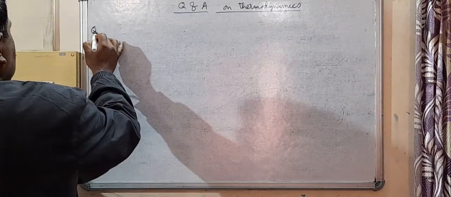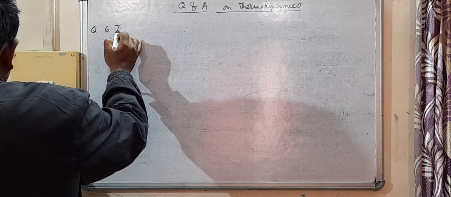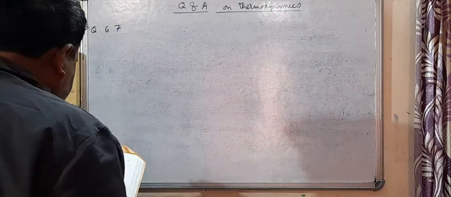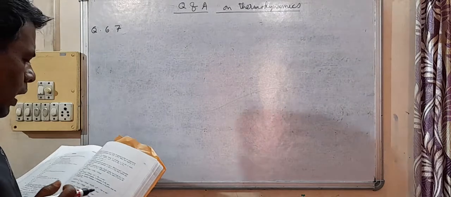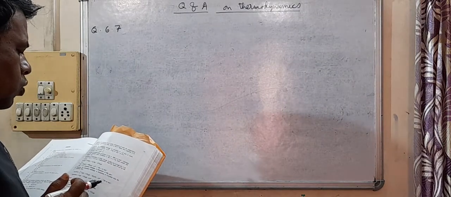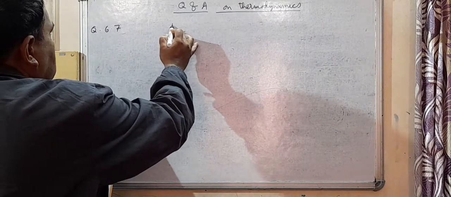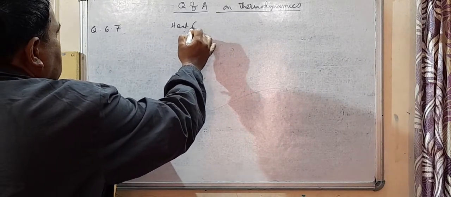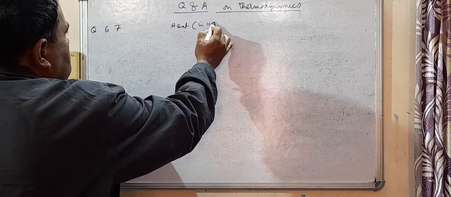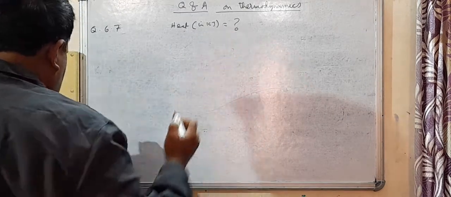Okay, so now question 6.7. It is said calculate the number of kilojoules of heat. So we have to find heat in kilojoules.